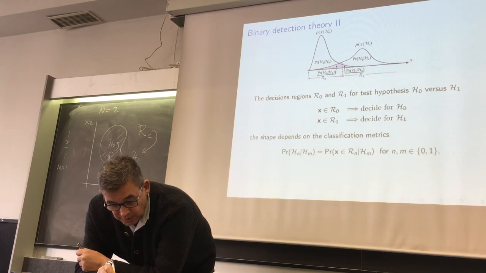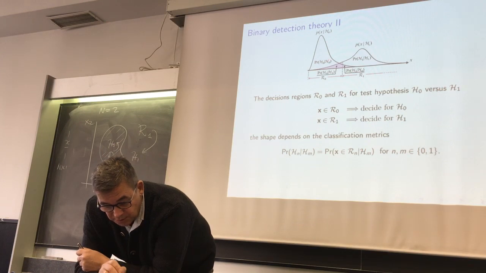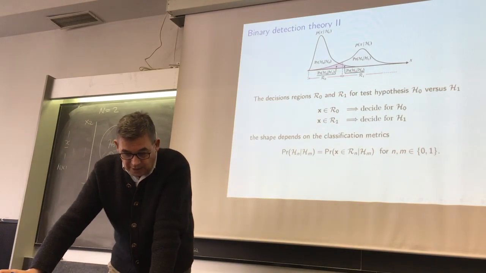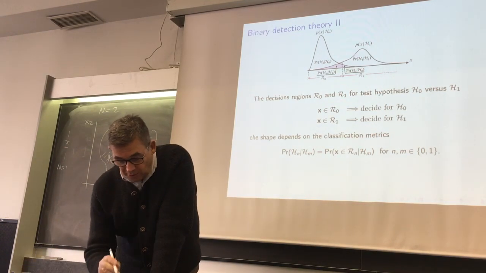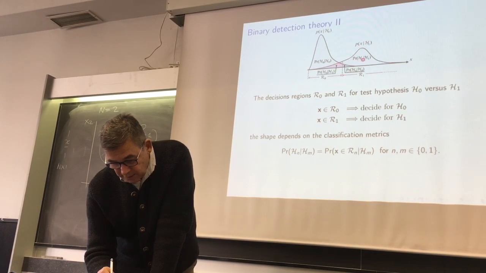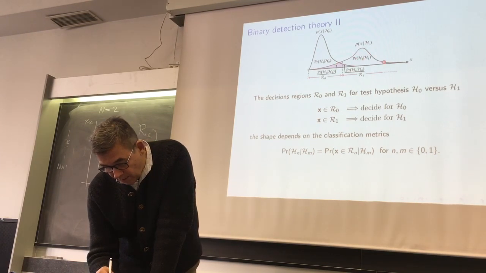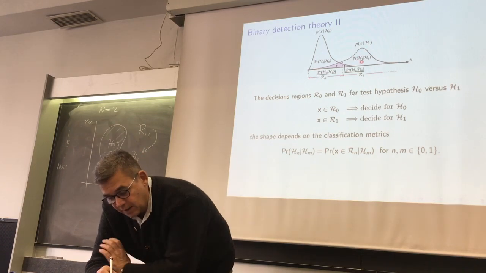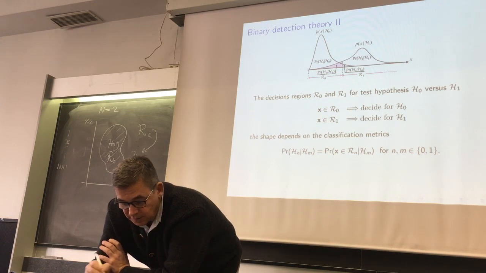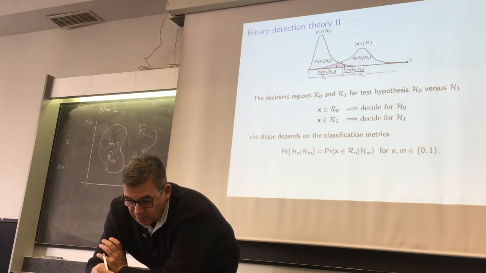Since this plus that is normalized to 1, and this plus that is normalized to 1, it's enough that we get two variables. So this is the probability that I get H0 even if I have H1: it's missing. And the complementary one is the probability of H1 given that the hypothesis was H1.